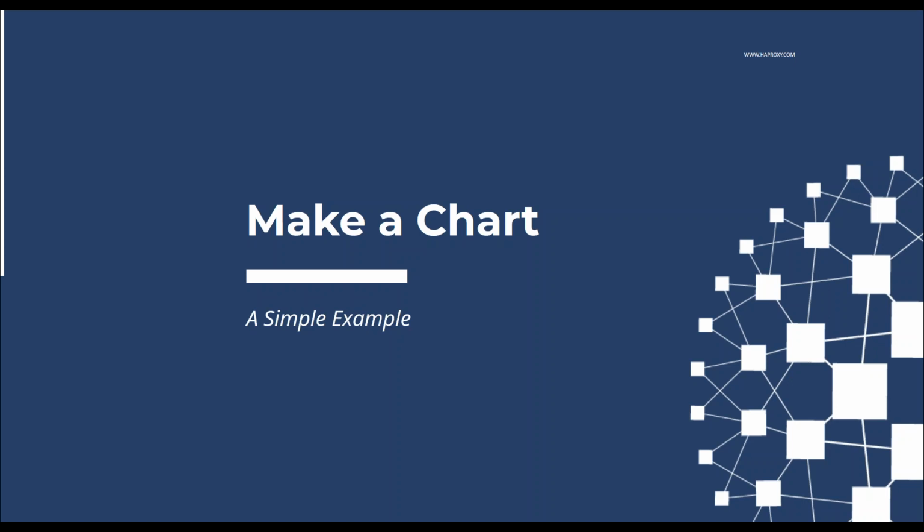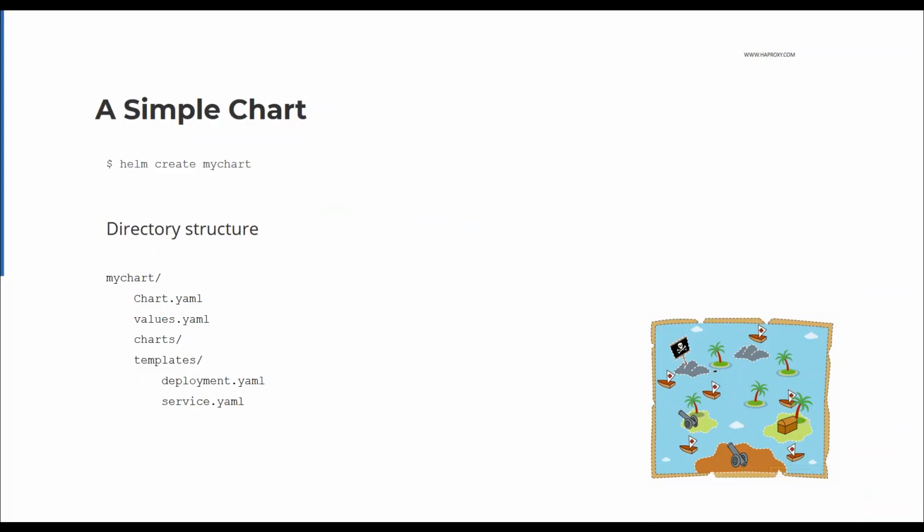So in this next section, I want to show you how to create a chart. It's going to be a simple example, and I hope it's going to give you a good overview of what's involved. When you create a chart, you can use the helm create command, and it will bootstrap the entire Helm directory structure for you. That's really helpful because it means you don't have to memorize exactly what the directory structure should look like.